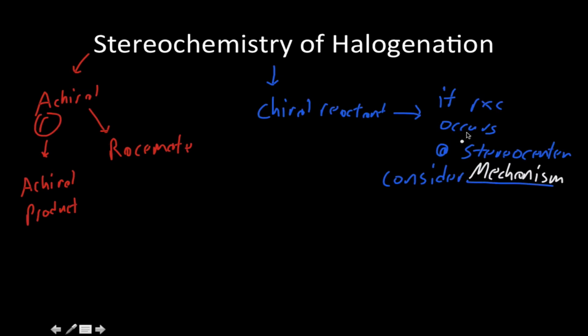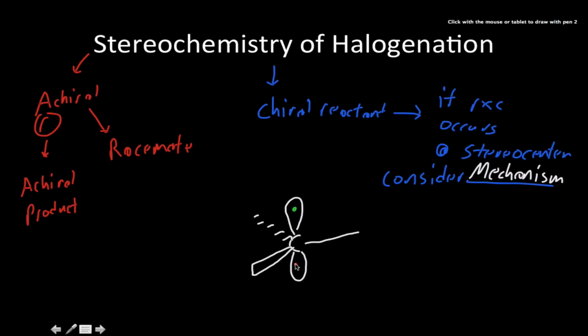What do I mean by saying that? Well, remember that radicals are trigonal planar. If you imagine looking at an sp2 hybridized carbon head on or at an angle, the radical could be on the top, or it could be on the bottom, which I'll do in blue.